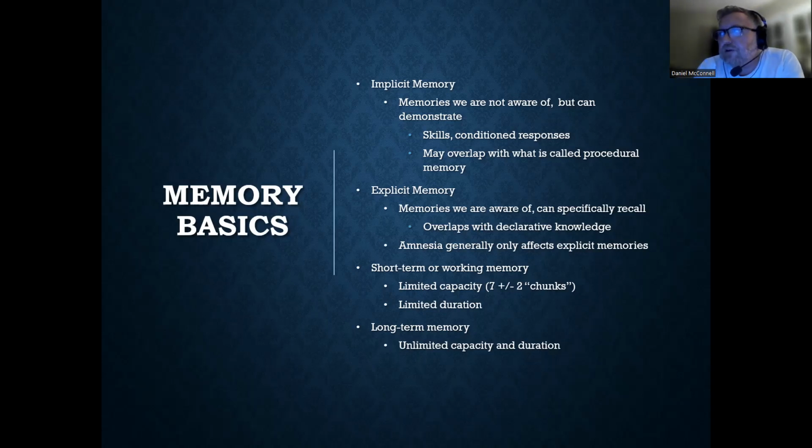But implicit memories are memories that clearly we must have, but we can't necessarily describe them. So for example, when learning how to drive, or maybe more accurately here, learning how to ride a bicycle, we don't really have the ability to describe the knowledge that we have acquired. When you're riding a bike, you get on the bicycle and somebody helps you stay upright, and you start pedaling and steering, and then they let go and you fall over and crash.